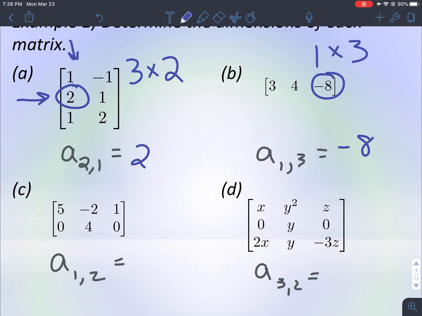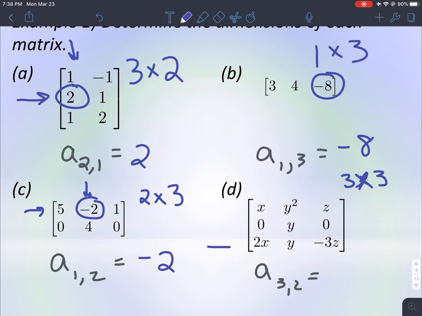The next one, C, that's going to have 2 rows and 3 columns, a 2 by 3 matrix, where the first row, second column entry will be -2. And then the last one is a 3 by 3 square matrix. Equal rows, equal columns. And then we have the third row, second column. That entry is going to be y.